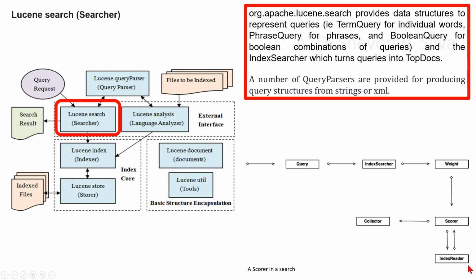Class IndexReader in package org.apache.lucene.index. IndexReader is an abstract class providing an interface for accessing a point-in-time view of an index.